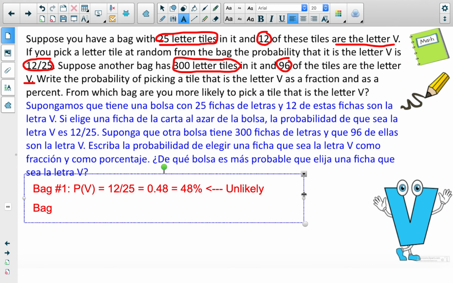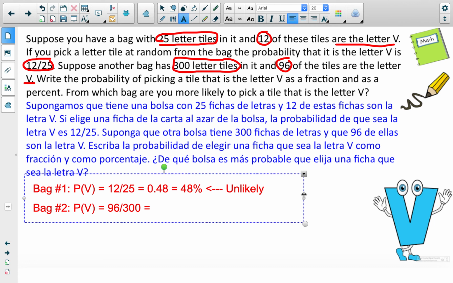Now, for bag number 2, our probability of getting V is 96 out of 300. So just because there's more total V's doesn't mean it has the higher likelihood, because it depends on how many it's competing with. If there are 300 tiles and 96 are V, there are 204 other tiles in there.